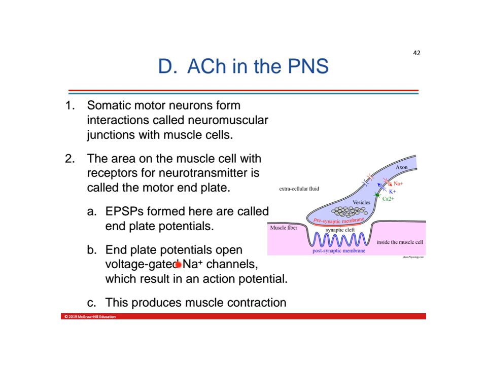The end plate potentials are due to the open ligand-gated channels. Remember, these are permeable to both sodium and potassium. The EPPs, which were through these ligand-gated potassium/sodium channels, when they depolarize, the depolarization itself will activate voltage-gated sodium channels, just as in the initial segment of a neuron.